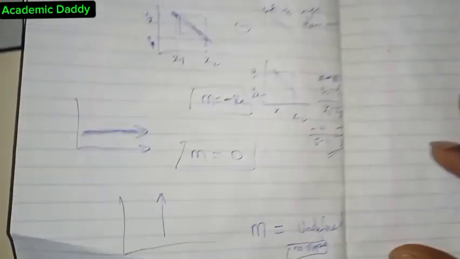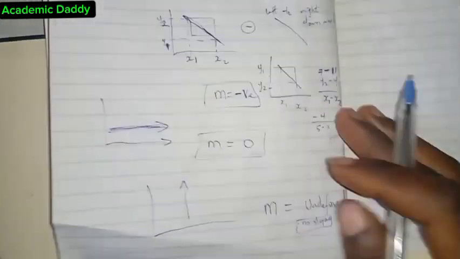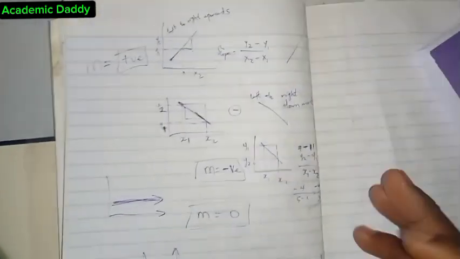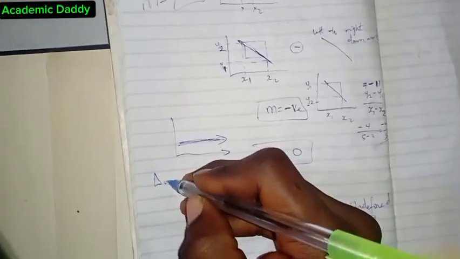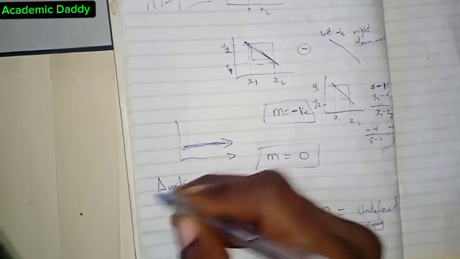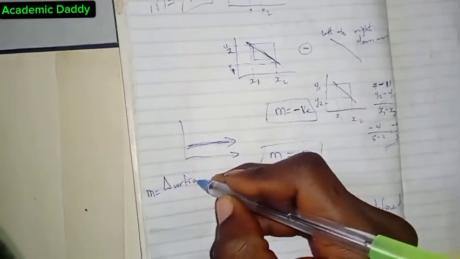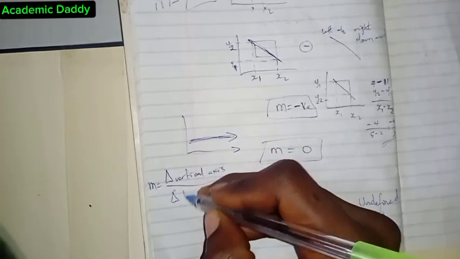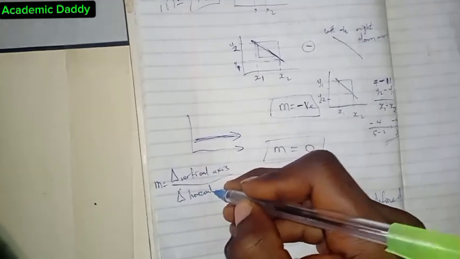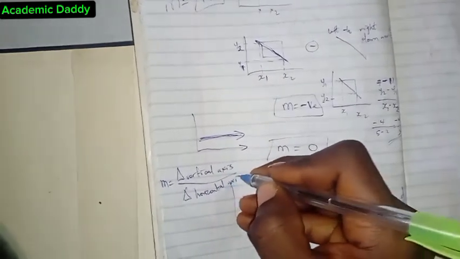So these are the 4 cases, 4 instances, and the principle I normally use to teach my students is that no matter what anybody tell you, the best definition of slope is that it is talking about the change in vertical axis. M is talking about change in vertical axis all over change in horizontal axis.